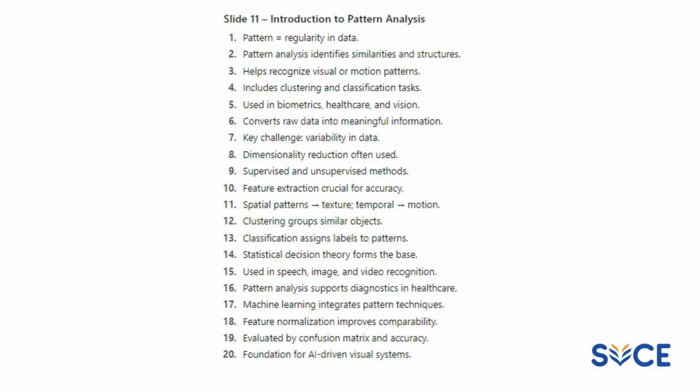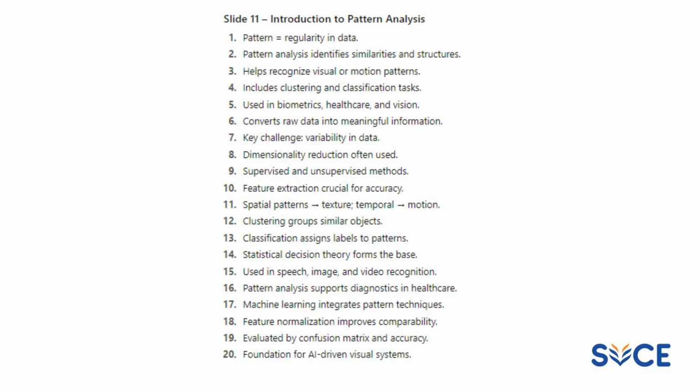Some of the key insights I can give for this is that pattern analysis is about interpreting and quantifying patterns in motion and visual data, providing the foundation for advanced tasks like classification, clustering, action recognition, and behavior understanding. The key features we have seen in this topic is that pattern is equal to regularity in data.